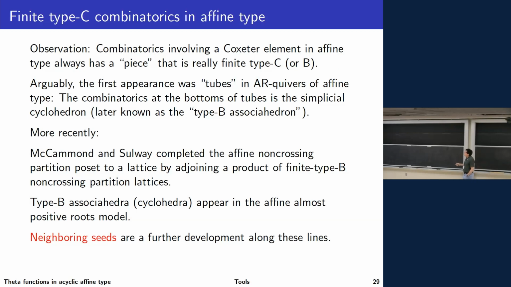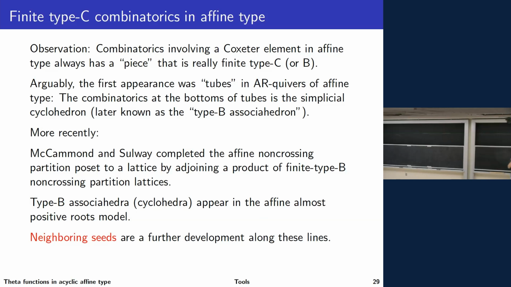So, combinatorics involving a Coxeter element in affine type, whether it's non-crossing partitions or cluster algebras or something, there's always this piece that's type C, or that's a product of type C. Arguably the first appearance is the tubes that come up in AR quivers of affine type, if that's something you've seen. But those tubes at the bottom, the combinatorics is cyclohedra. So that's type B or type C combinatorics. More recently, McCammon and Solway were taking non-crossing partition posets, and they weren't a lattice in affine type.